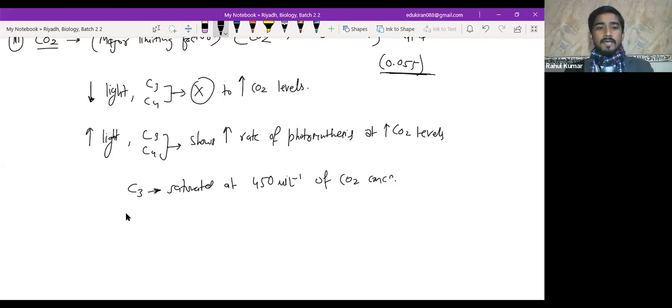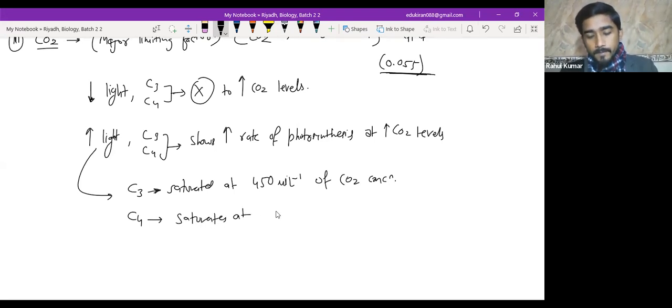And C4 saturates, I'm talking about high light conditions only, at somewhere around 350 microliter per liter. 350, 360. Let's make it 360 of CO2 concentration.